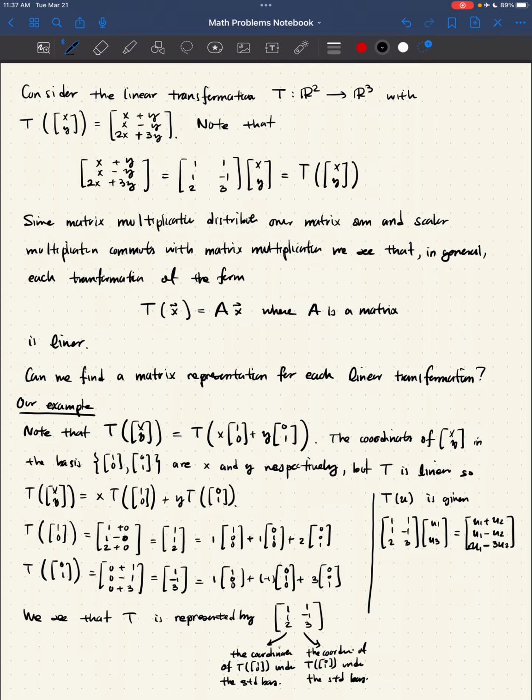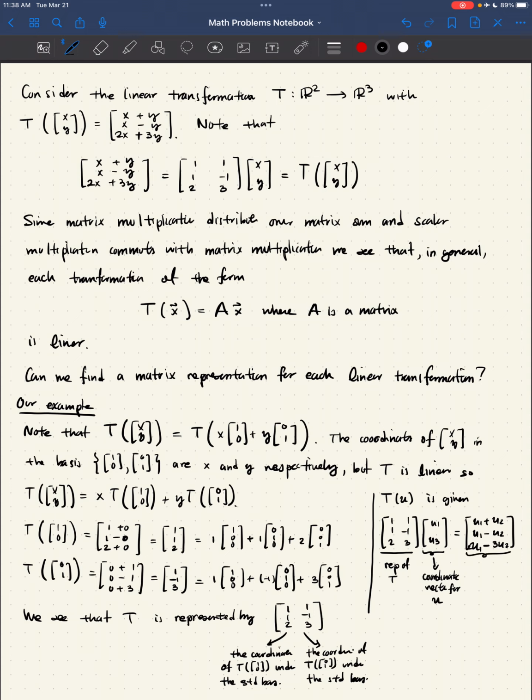Well, let's give some meaning to this. This one is the representation of T. This one corresponds to the coordinate vector of u in the standard basis. And what will this be?